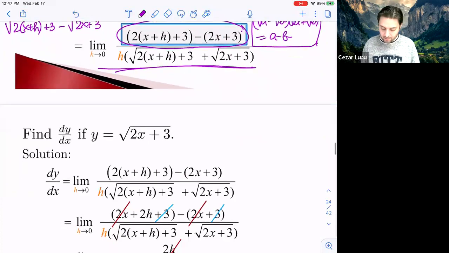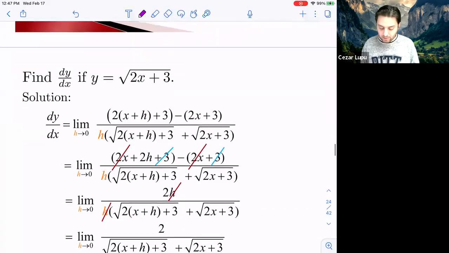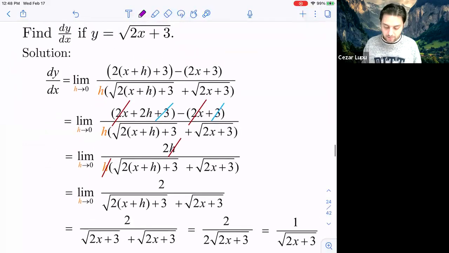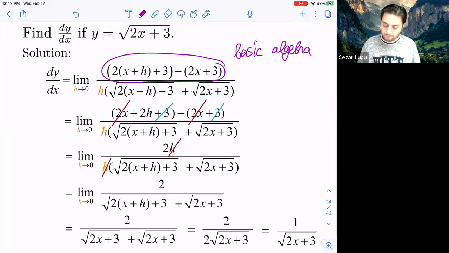So now, by just doing basic algebraic operations, look here, just do basic algebra, like subtracting whatever. So you work on the numerator.